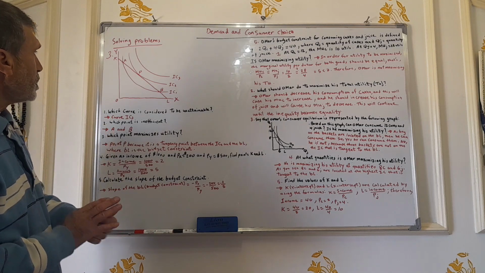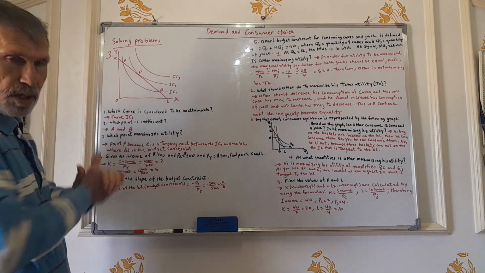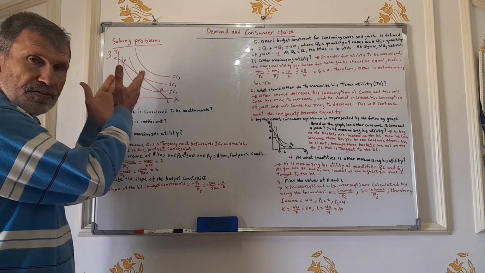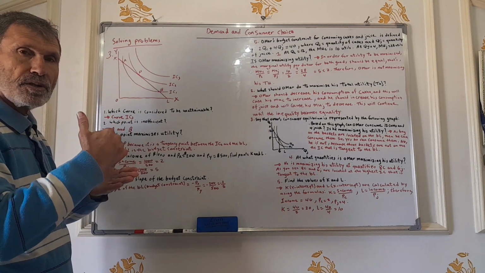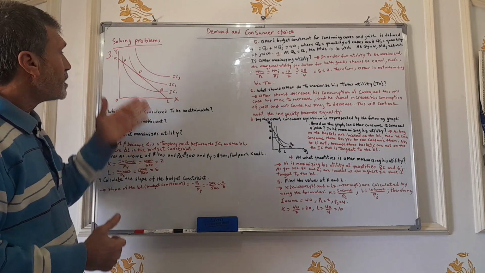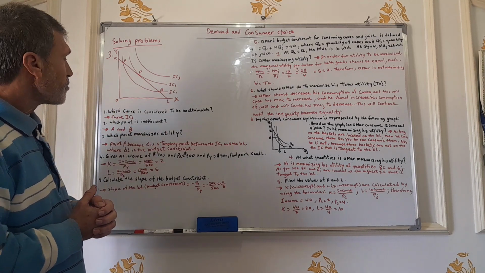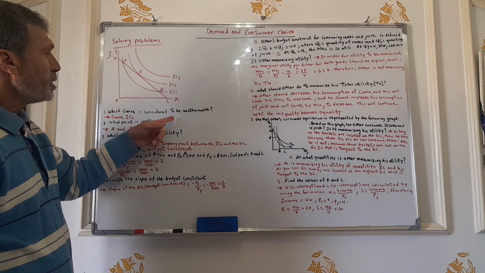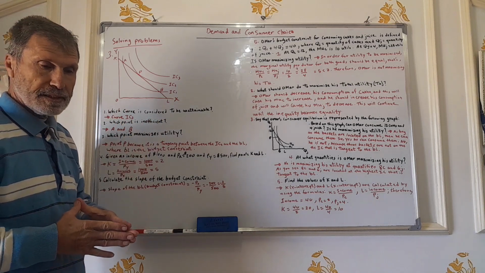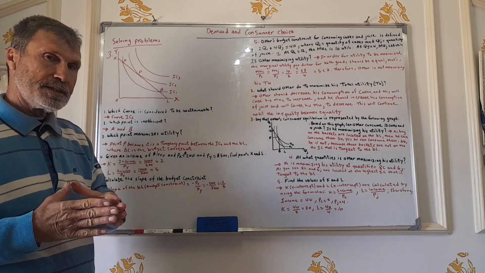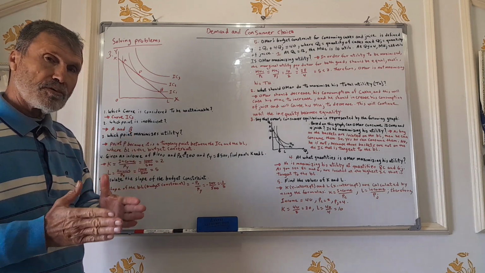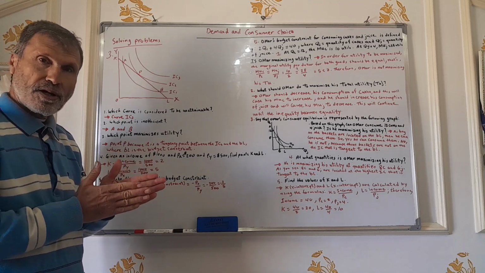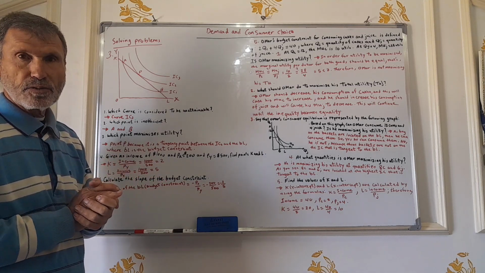Now, the question, of course, this is the graph that you have. You have an indifference map, many indifference curves above each other, and then you have a budget constraint. Which curve is considered to be unattainable? That is, the consumer is unable to reach it based upon his income and the prices of the two goods.